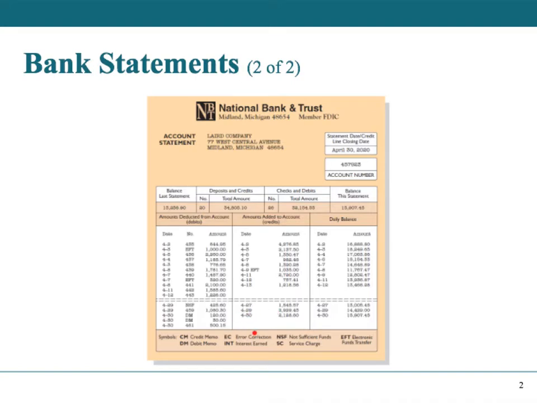But there might be some error corrections, EFT or electronic funds transfers. NSF, what's NSF? Non-sufficient funds. So NSF means a check was returned because somebody did not have enough cash or funds in their account as you try to deposit their check. We'll see that.